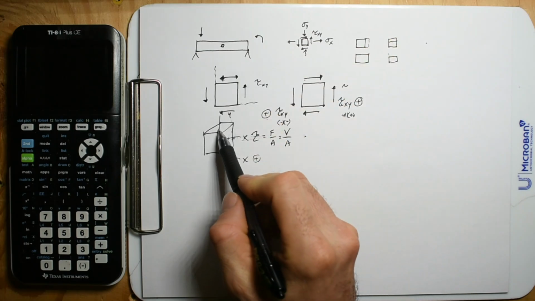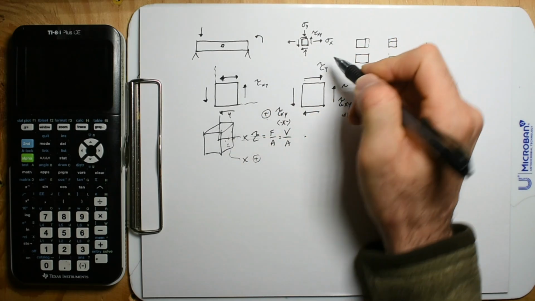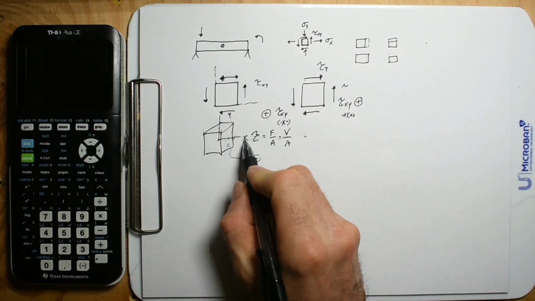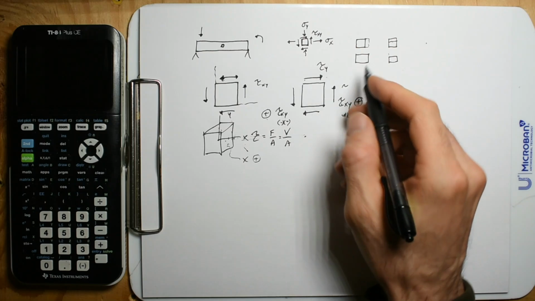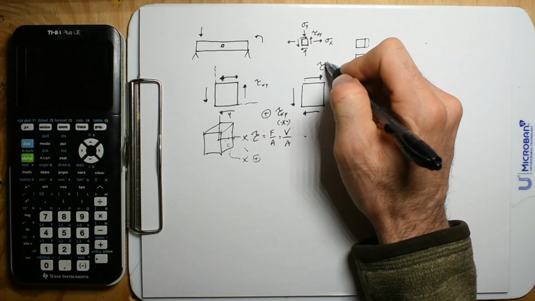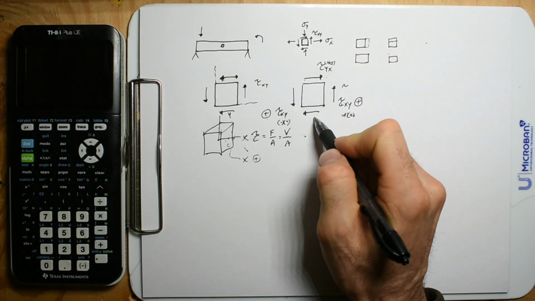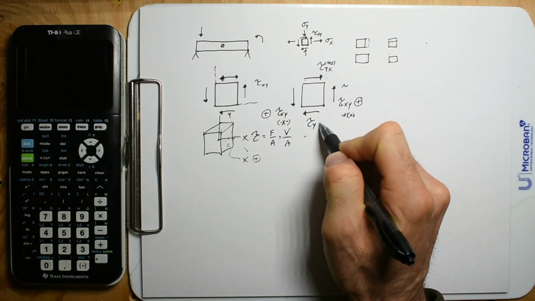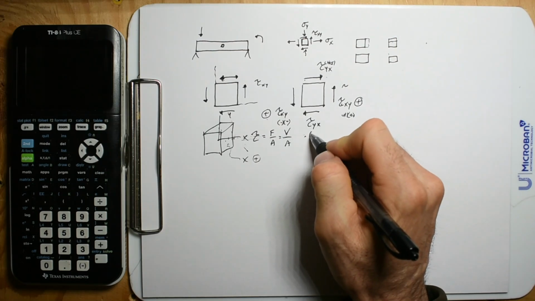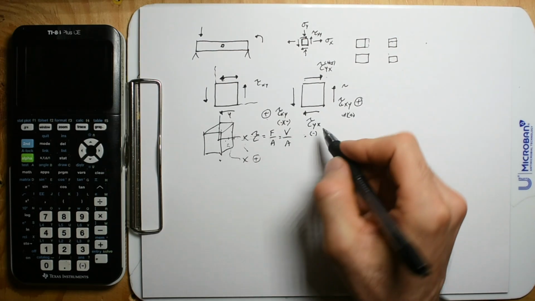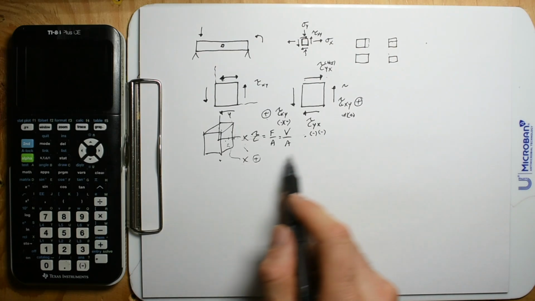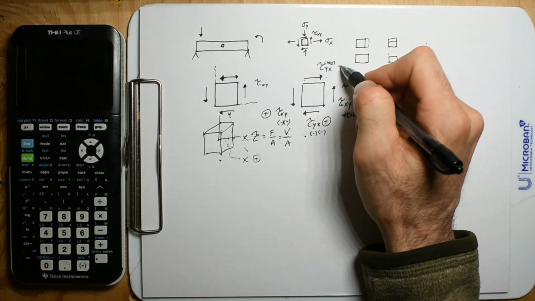And this is the y face, so we have shear on the y face in the positive x direction. So this is positive y face, positive x direction. This is shear yx, but it's the negative y face in the negative x direction. So this is still associated with a positive shear.